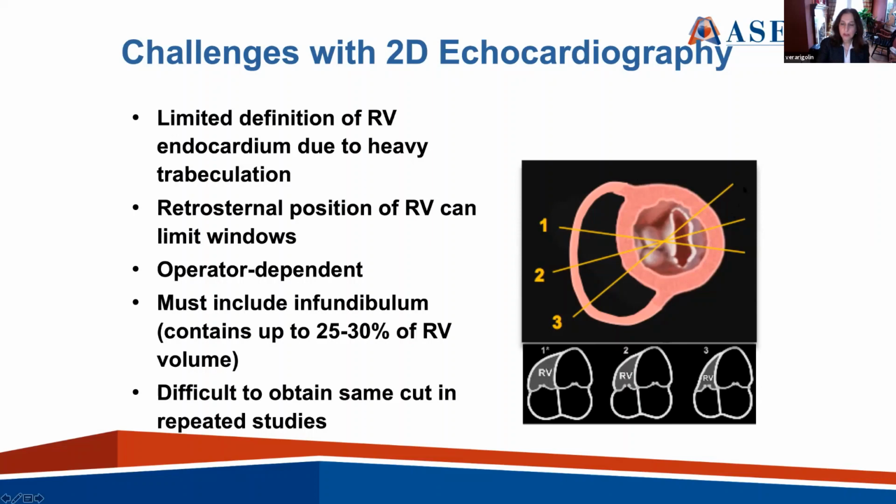However, if your imaging plane is a little bit off axis, such as in cut number 3, you see that the size of the right ventricle is drastically different. Similarly, if we were to cut it in plane number 1. Again, depending on your cut plane, the size and shape of the right ventricle on your apical views on two-dimensional imaging can be quite different, again making measurement comparisons difficult.